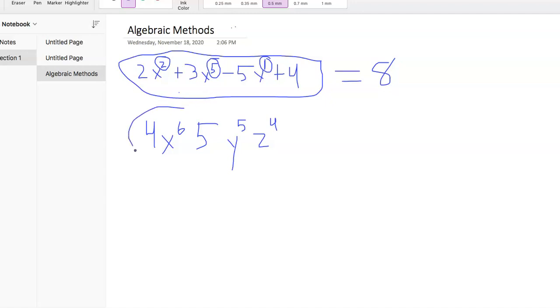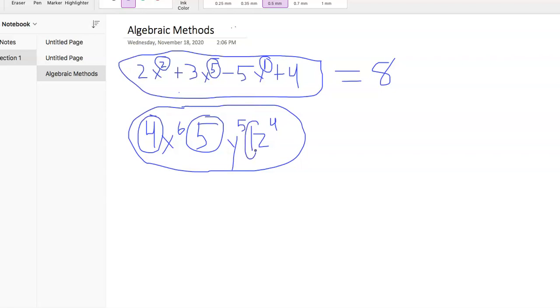And then next we have coefficient, right? So we're going to look at the coefficient for this guy, right? And with coefficient, a coefficient is just the number in front of the variable. Okay, so here we have 4 in front of this variable, 5 in front of the y, and then again with z, we don't have anything, and so that means it's a 1. Right? And then we just add them up. 4 plus 5 is 9, plus 1 is 10.